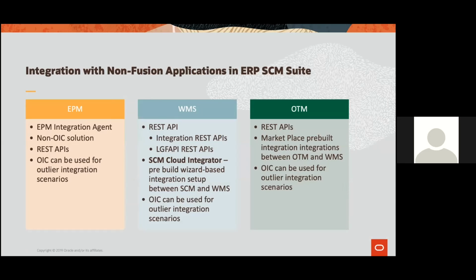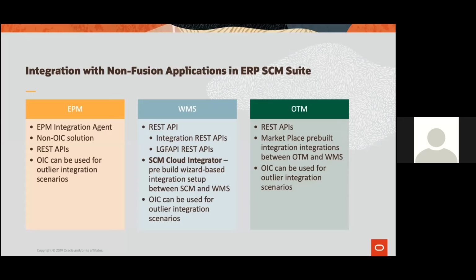I want to briefly touch upon integration with non-Fusion applications. This session was mainly focused, like I said, on covering the integration scenarios and best practices for Fusion. But I'm going to briefly touch on it, because I just call out 3 applications here, but there are many more non-Fusion applications. EPM is one of the non-Fusion applications.